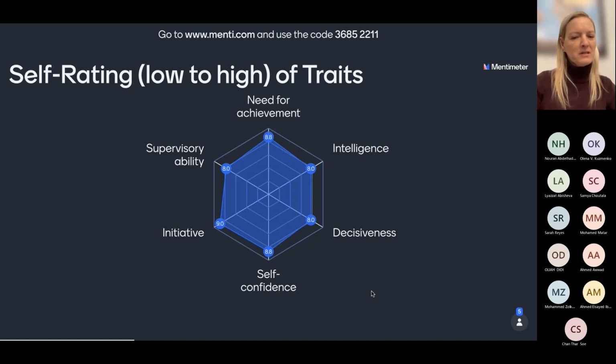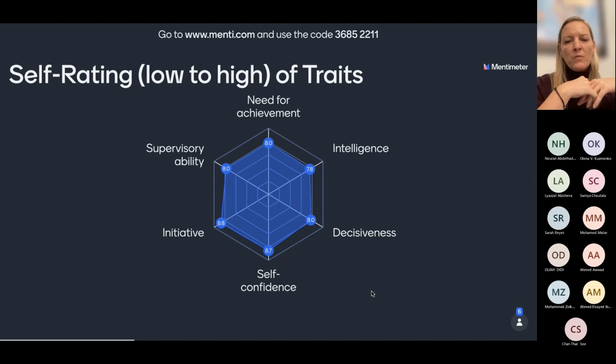Okay, I saw it bounce a little bit, so we have some similarities here. What's important for us to know as a class, and if we were a complex organization that we were leading, is where our employees see themselves in their traits, as well as where we see ourselves.